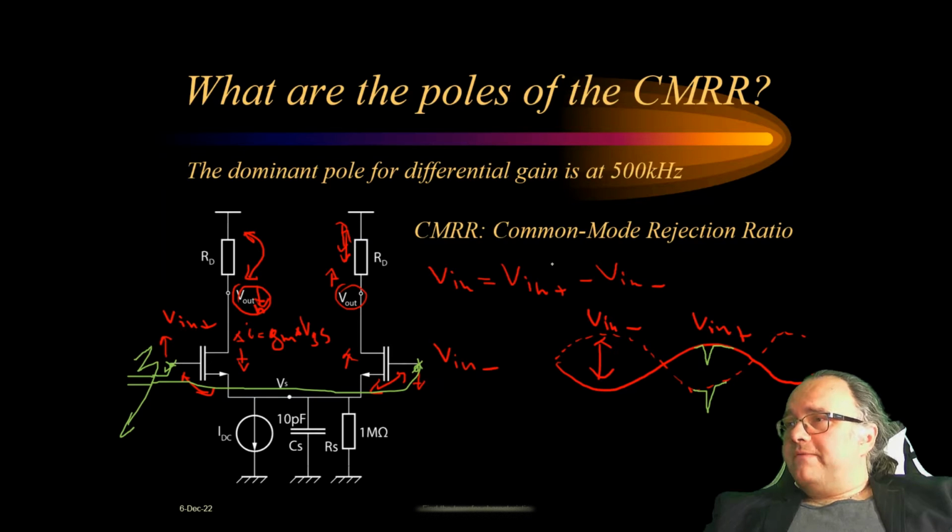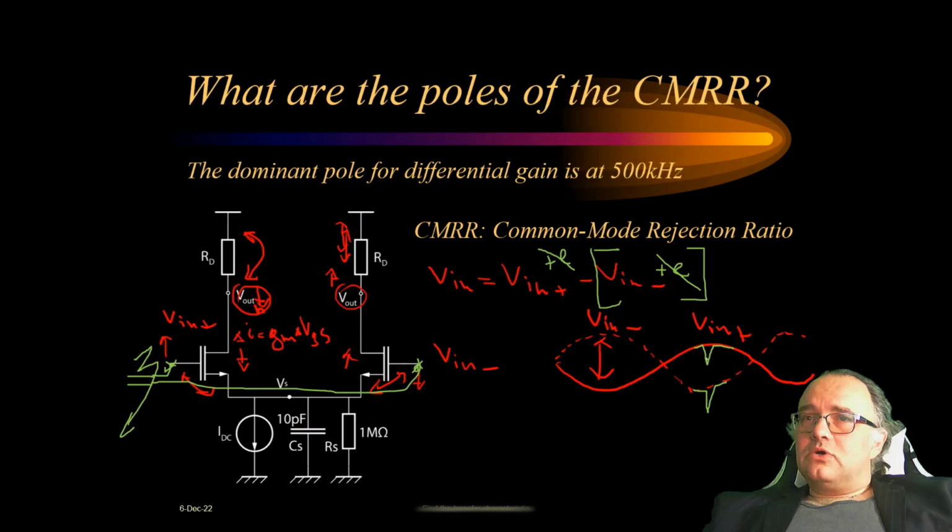So we have an error here, and we have the same error here for the other signal. Because we always consider differential signals, we will subtract them, and these errors will actually cancel. The error is common, hence the common mode signal variation, while the signaling that we use is differential.